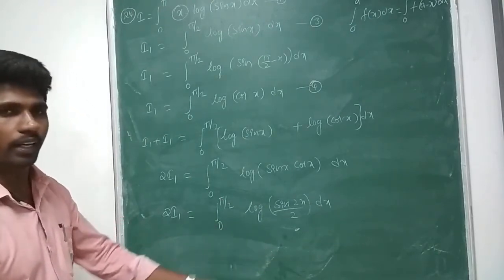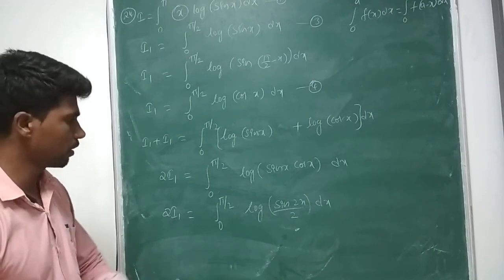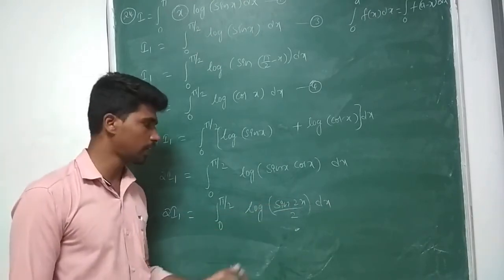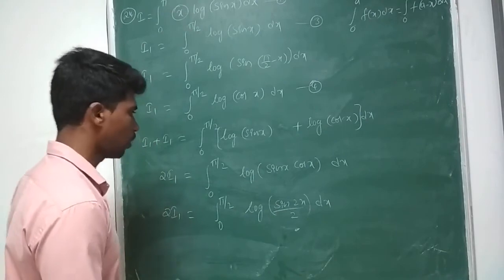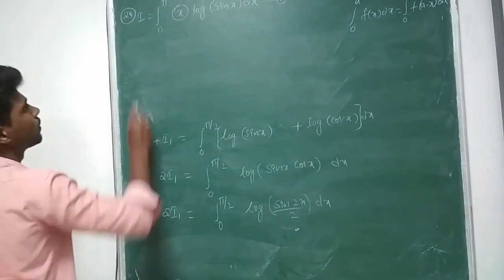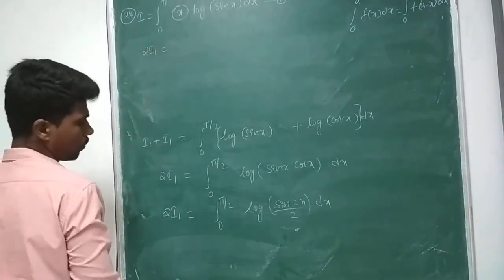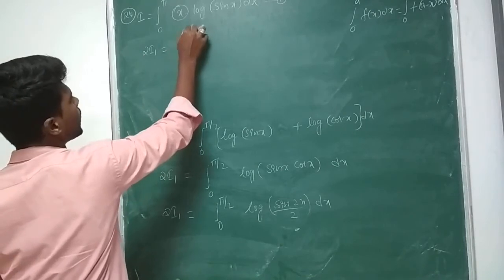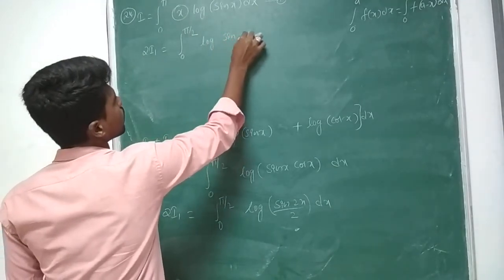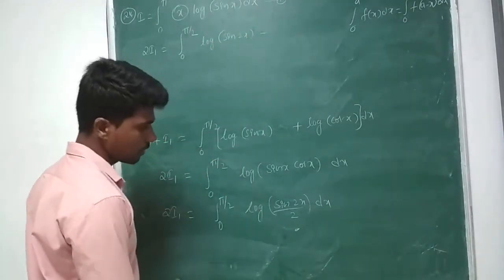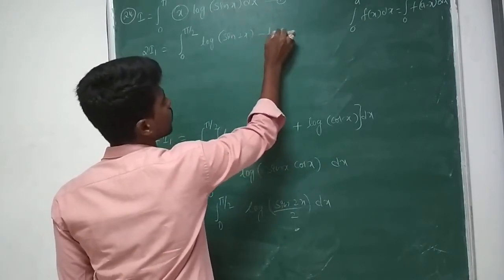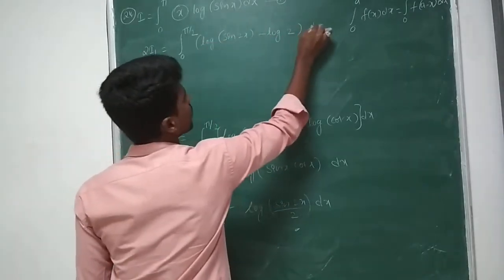So this can be rewritten as log m minus log n, because it is in the form log m by n. So log m by n can be written as log m minus log n. So I write in that form. 2I1 is equal to integral 0 to pi by 2 log sin 2x minus integral 0 to pi by 2 log 2 dx.